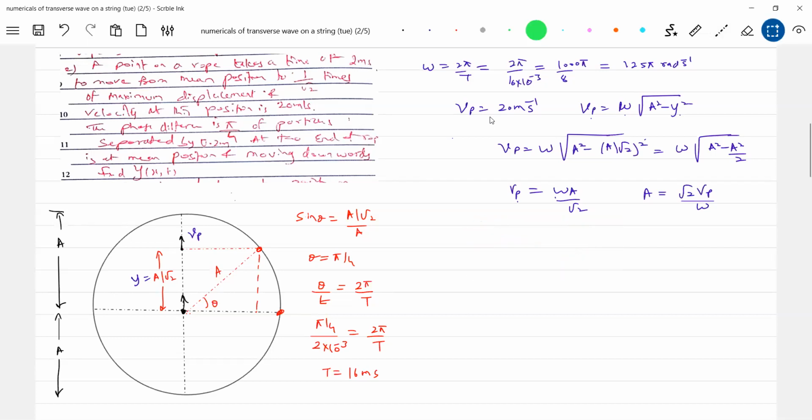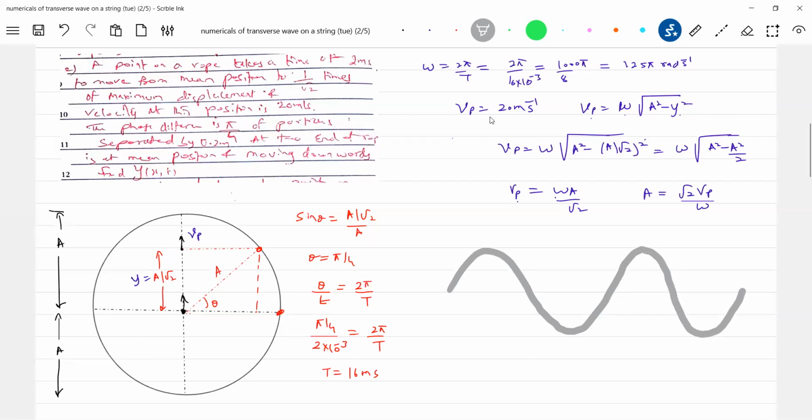Let me first take it out. So let me go for a general view. It's very simple. You need not struggle much here. In general, if you have this y-x graph, then let's assume the wave is moving towards right.